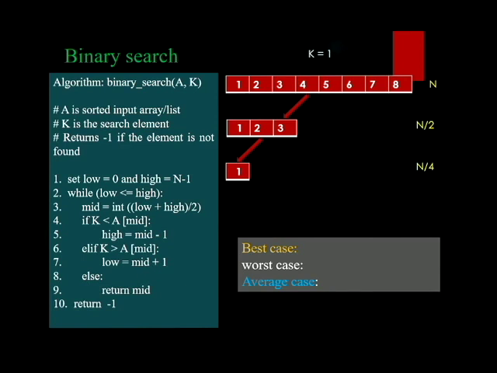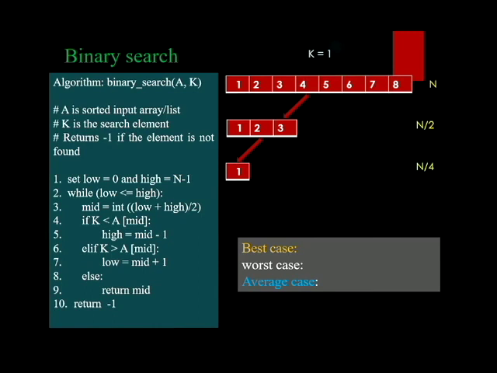I don't have a marker to draw this, but okay. So this will be order of log n. Why? Because you can see your problem is getting divided every time. At some point, it reaches 1 unit. How many steps does it need to take to get to this 1 unit?